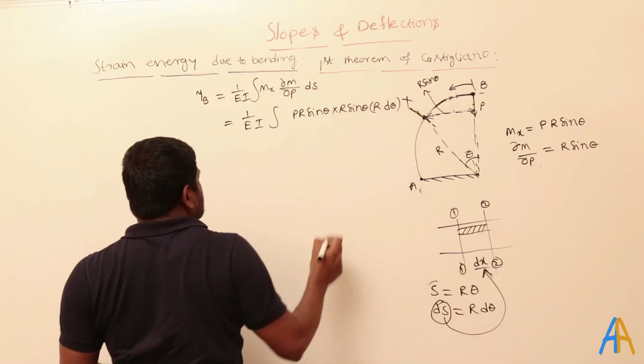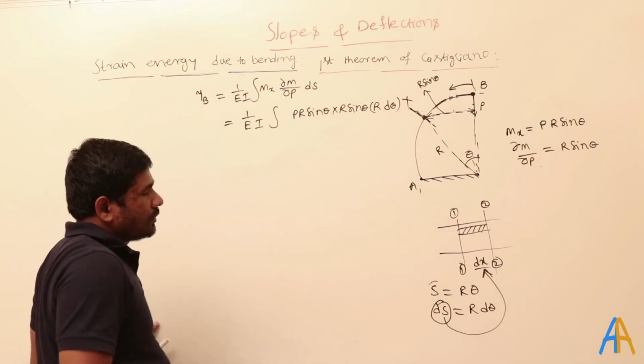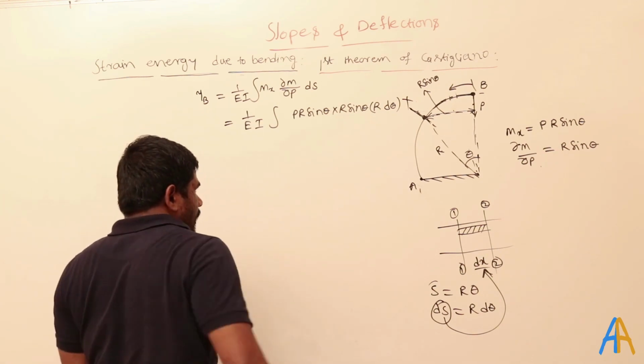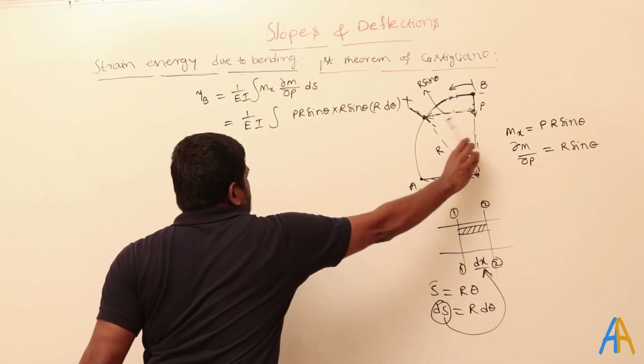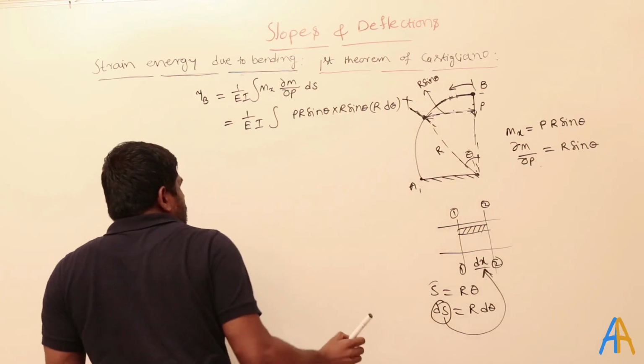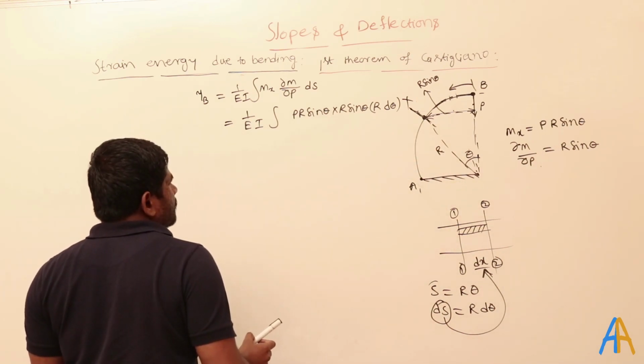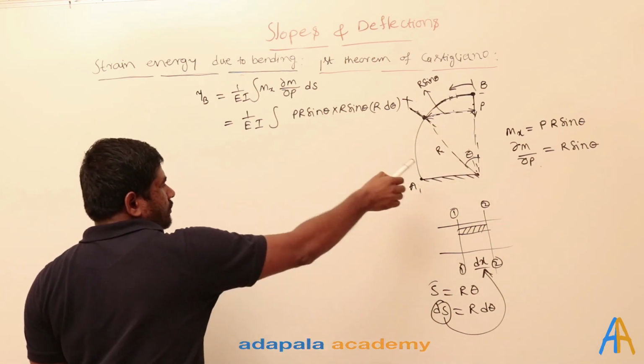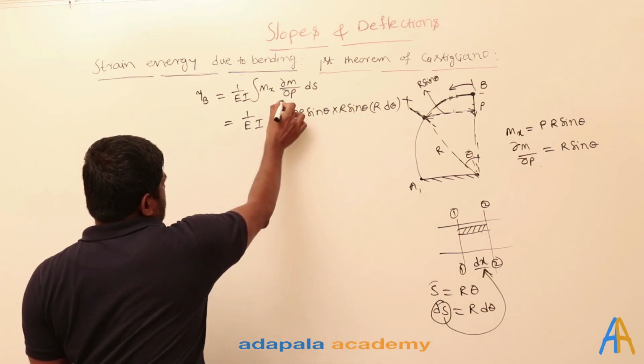That means the integral is in terms of theta. I roll theta from here to here, and it will cover the entire beam. That means theta goes from 0 to pi by 2.